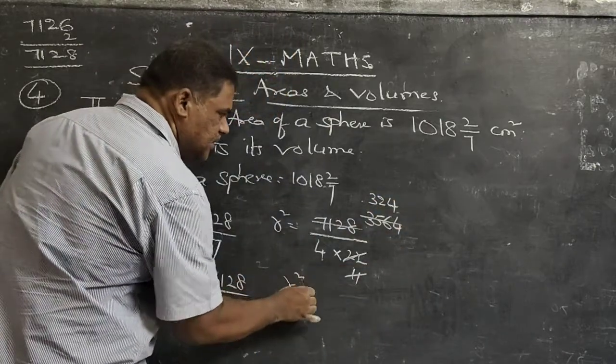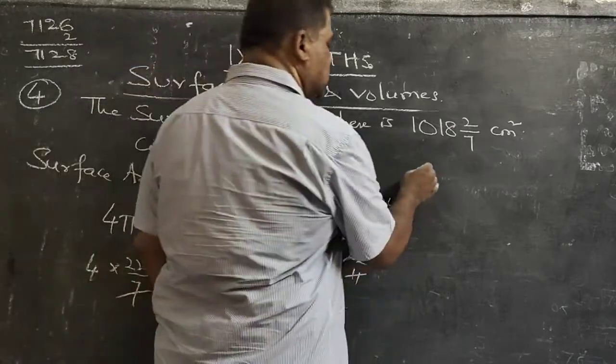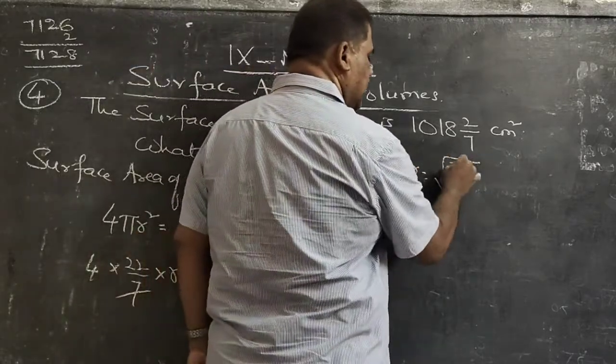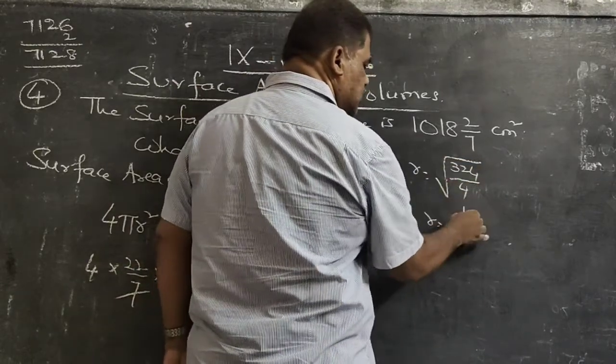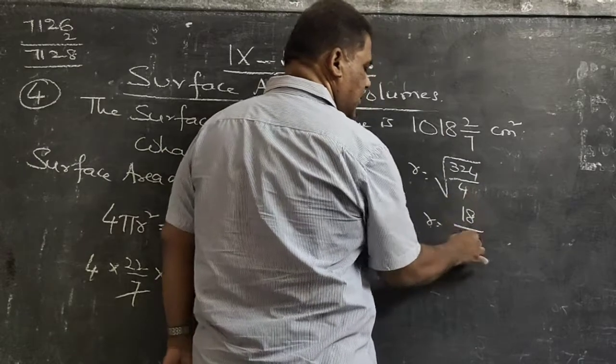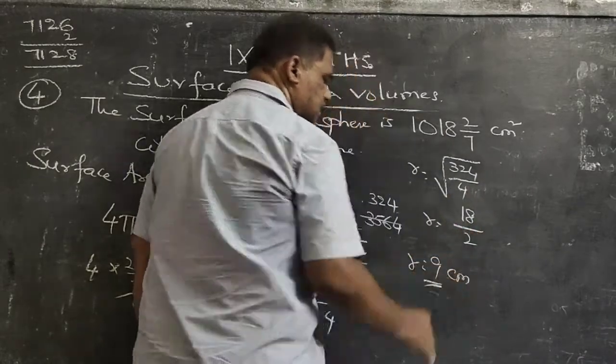So r square is equal to 324 by 4. When you remove square, r is equal to under root 324 by 4. 324 square root is 18, 4 square root is 2, that is r value we will get 9 centimeters answer.